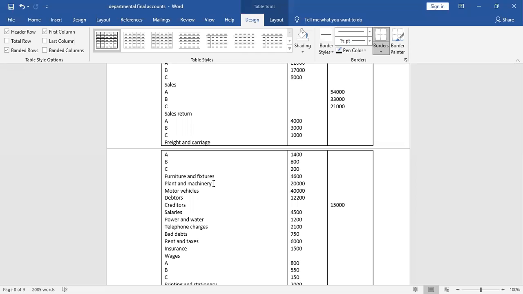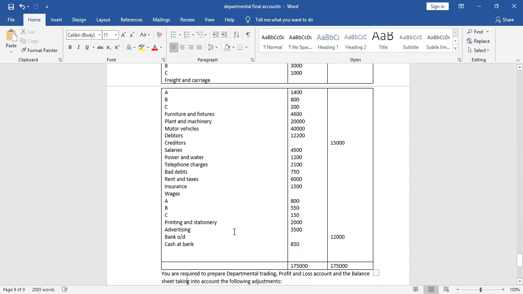Then we have salaries, power and water, telephone charges, bad debts, rent and taxes, insurance. Wages is given for all the three departments. Printing and stationery expenses, advertising expenses, bank overdraft is a liability. Cash at bank is 850.